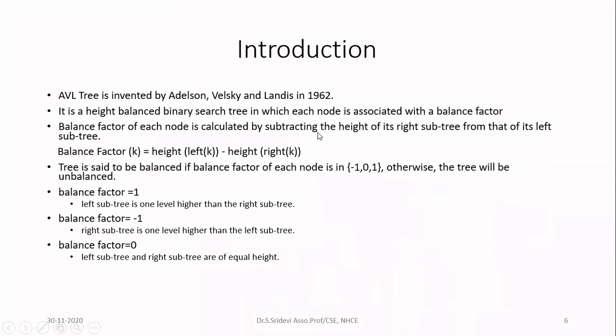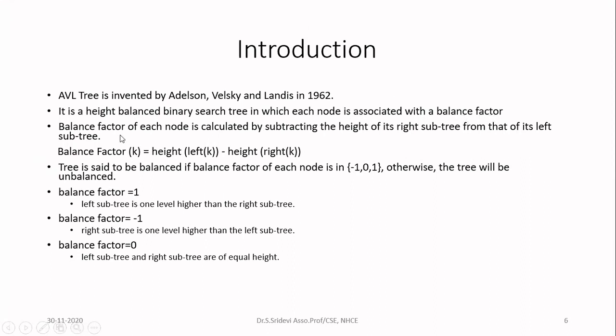For minimizing the height of the binary search tree, we have the AVL tree. AVL is named after the 3 persons who invented it: Adelson, Velsky, and Landis. They invented it in the year 1962. AVL is a height balanced binary search tree in which each node is associated with something known as the balance factor.